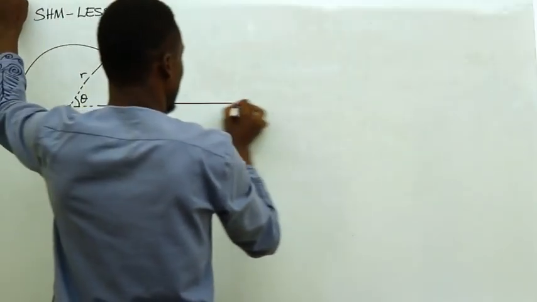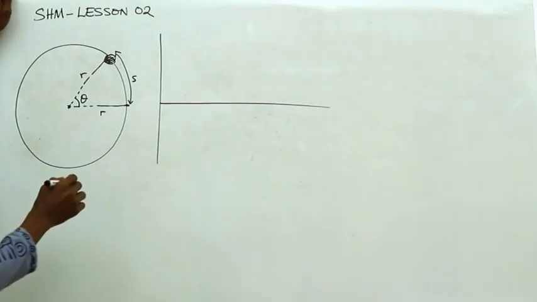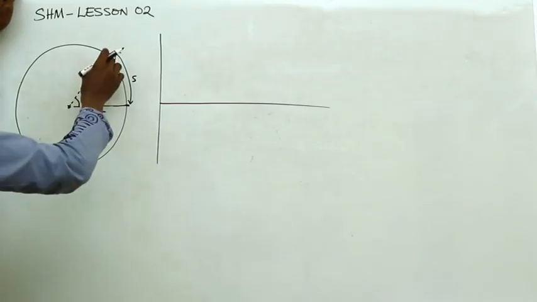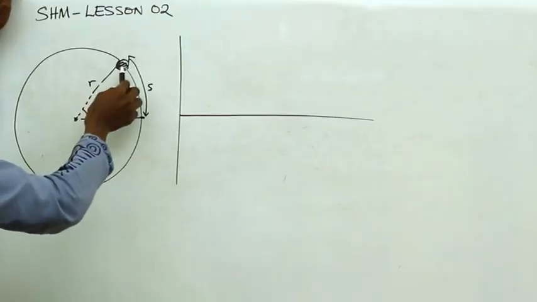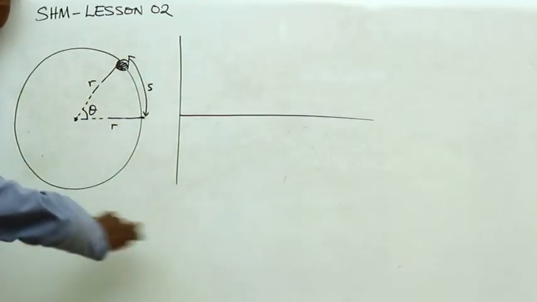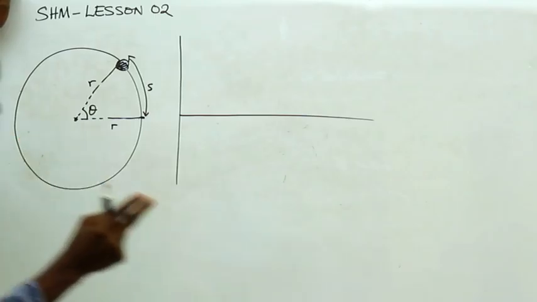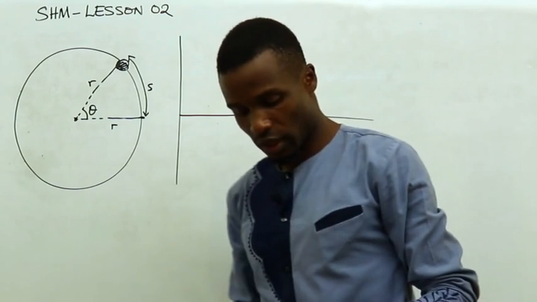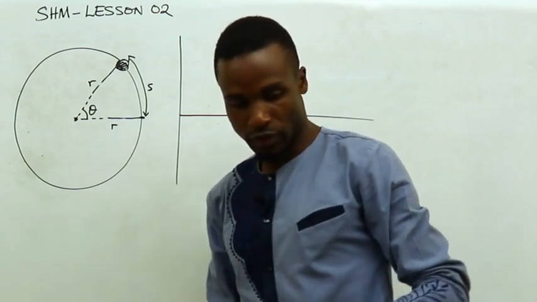Now look at this, this body is moving like this in a circular path. But if you look at it in 2 dimensions from this side, let me just make a simple illustration.